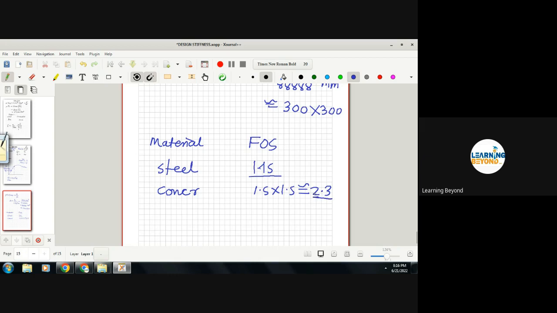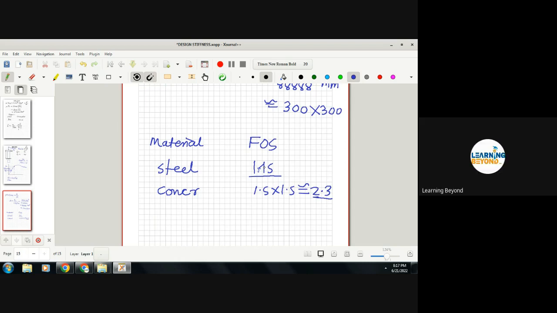What is the reason for having more factor of safety for concrete? Steel is manufactured in a factory first.